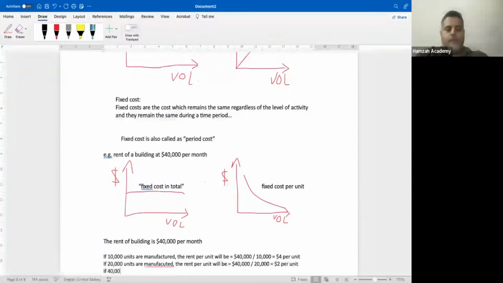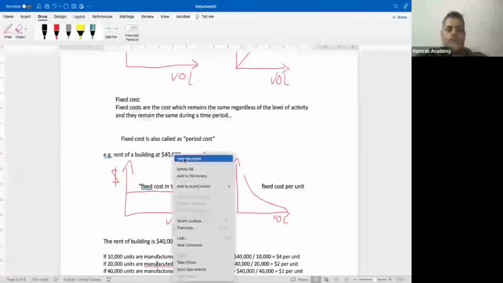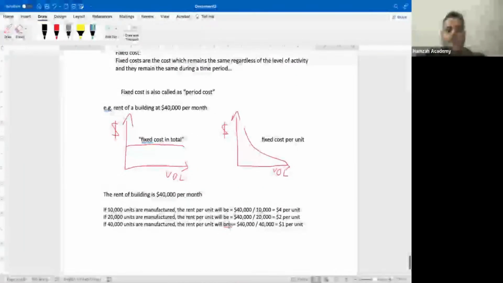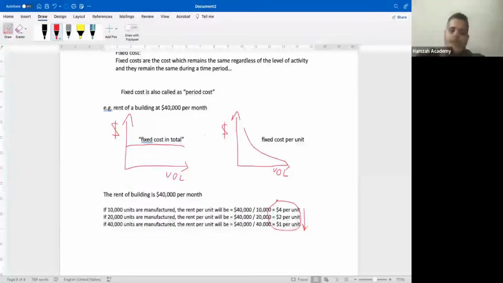And if 40,000 units are manufactured, the rent per unit will be 40,000 by 40,000, $1 per unit, right? So if we look over here, gradually this fixed cost per unit is dropping.